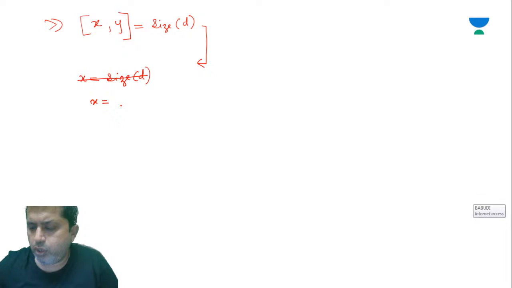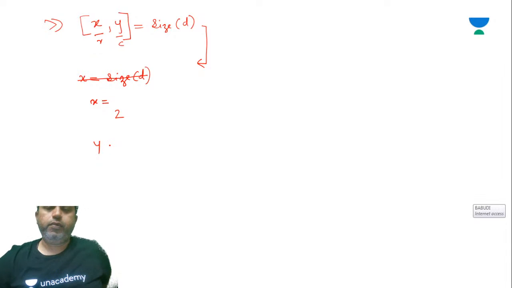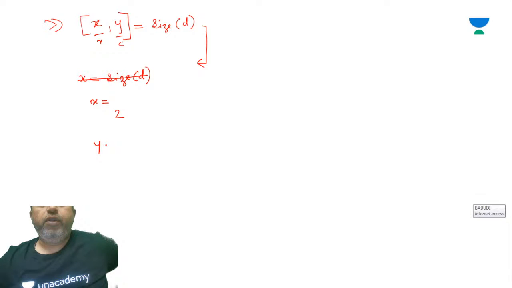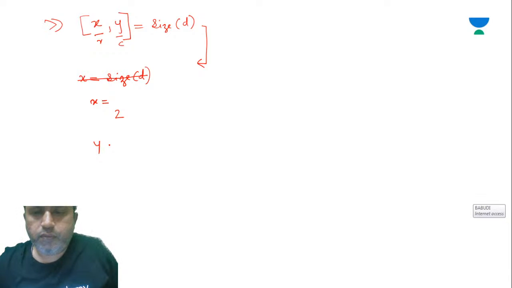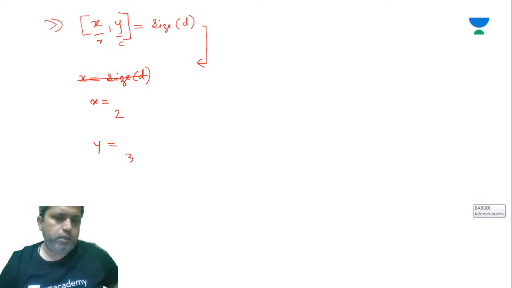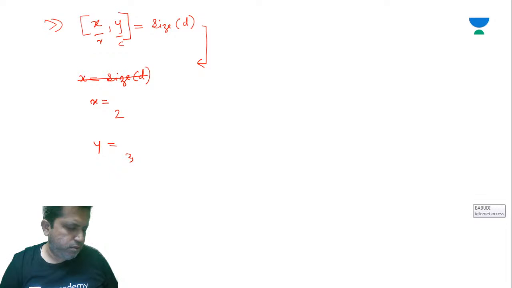You can see that D has 2 rows, so it will return 2. This will be row, this will be column. So y will return how many columns? 3 columns. Like this. Okay, x equal to 2, y equal to 3.